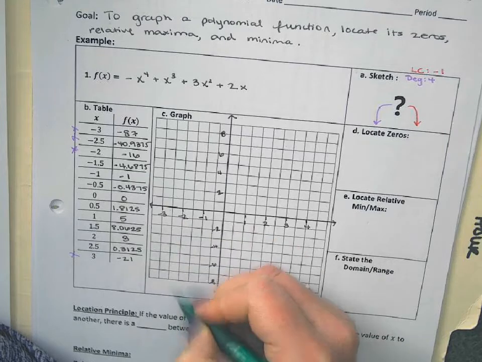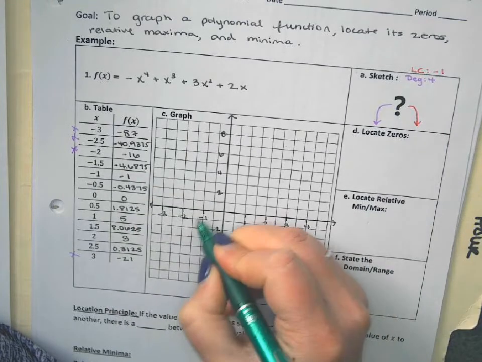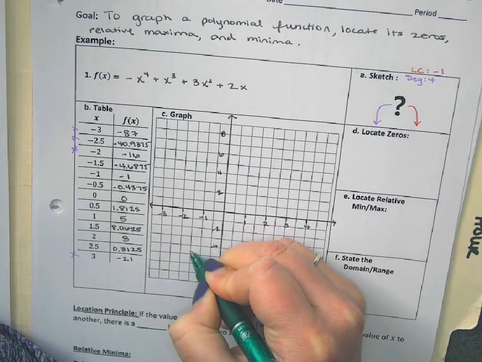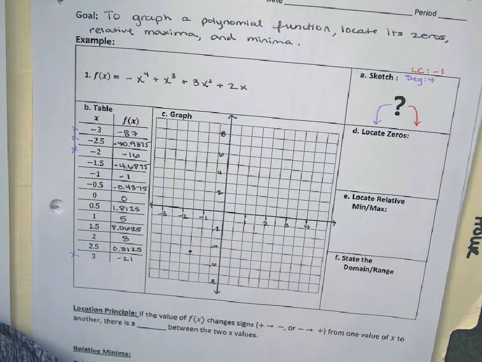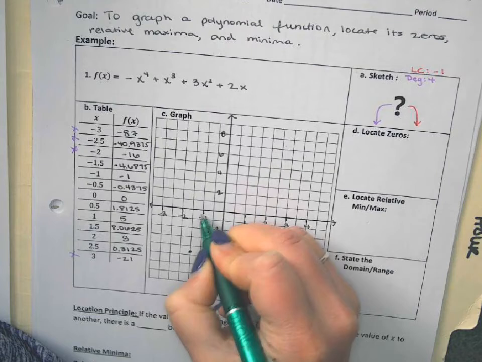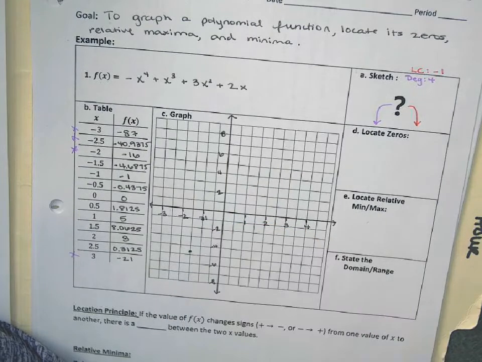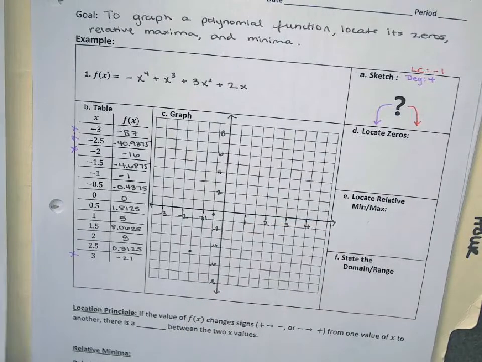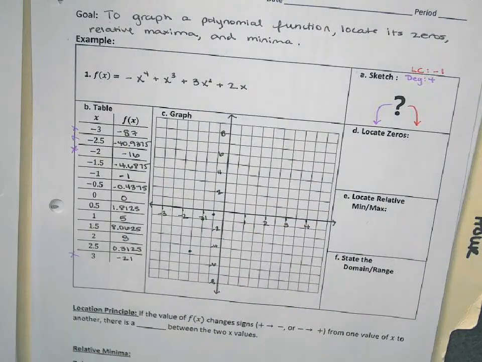So I'm going to start at negative 1.5, which is at negative 4.6, a little bit closer to negative 5. Negative 1 is at negative 1. That one's right there. Negative 0.5 is at negative 0.4, so right about there.